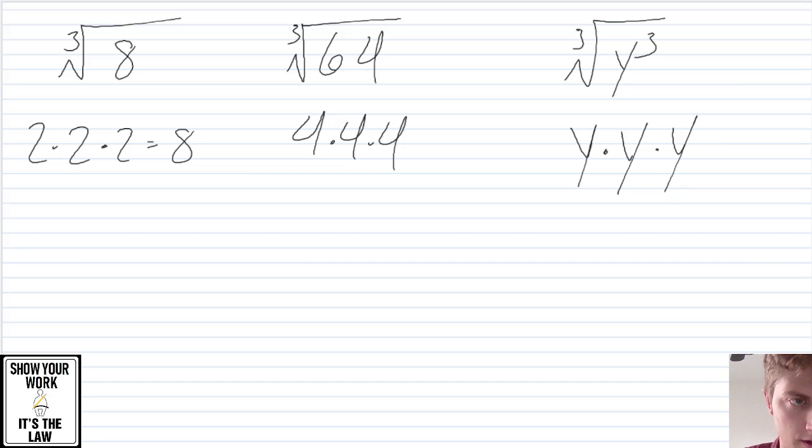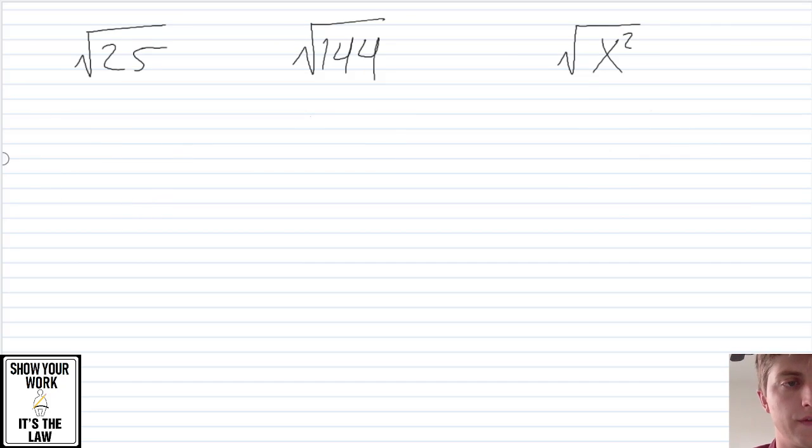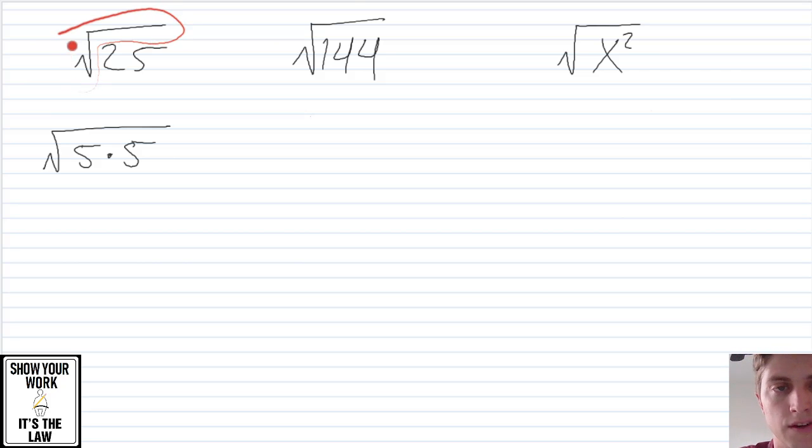So let's forget that we know the answers to all of these. What we want to do is make a factor tree. Factor trees are way more useful than they get credit for in normal math classes. So let's break this 25 down into its factors. 25 is 5 times 5. And something to note, when you see a square root sign without any number here, it's always assumed to be 2.